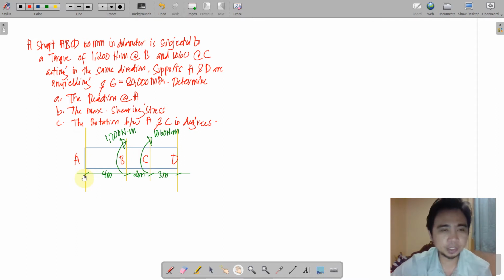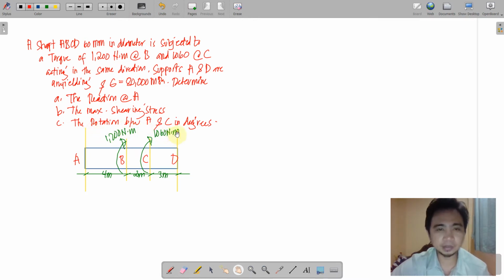It is subjected to 1,200 Newton meter and 1,060 Newton meter at points B and C. The distances are given, as well as the modulus of rigidity equivalent to 80,000 megapascals. We are going to determine the torque reaction at A, the maximum shearing stress, and the rotation between A and C in degrees.